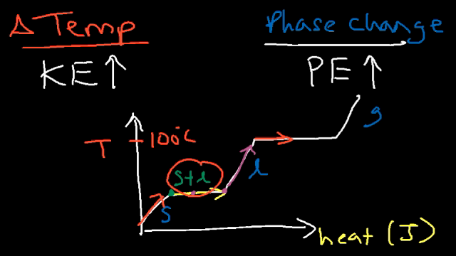So until all of the liquid molecules have been vaporized into steam, the temperature will remain constant. Therefore, the potential energy is increasing because you're breaking bonds. In the case of water, you're breaking hydrogen bonds. And during the last segment, as you increase the temperature of the gas, the kinetic energy goes up again.